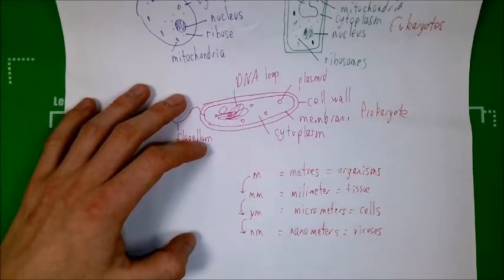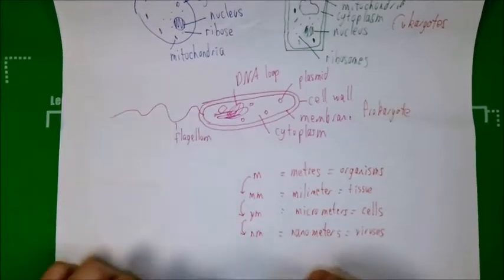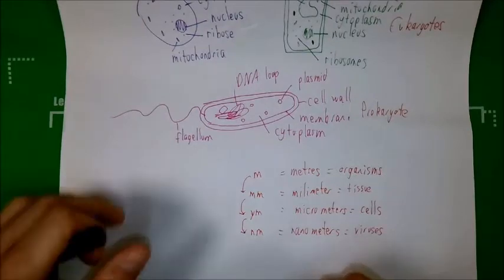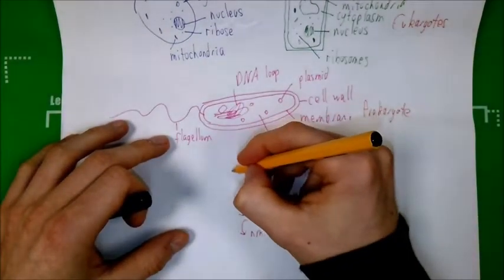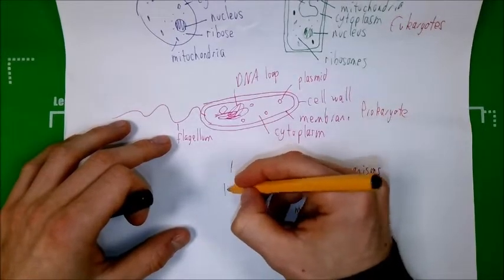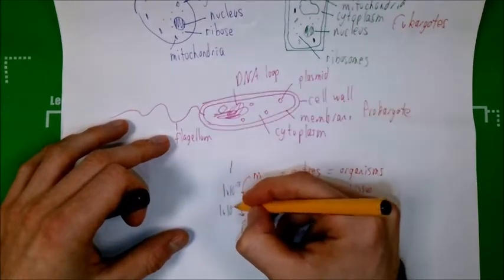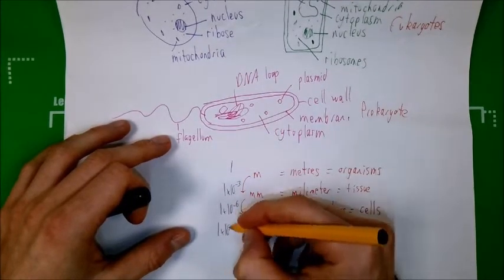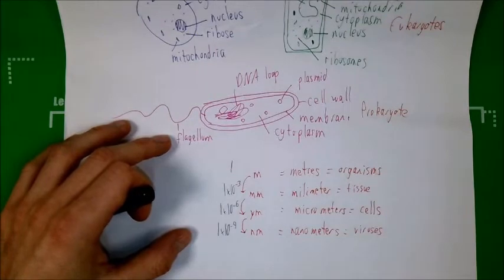And finally, to convert between these units, which you may need to do, for example, when you're doing a microscope calculation, as you go down each step of 1,000, you're going from 1 to 1 times 10 to the minus 3, 1 times 10 to the minus 6, 1 times 10 to the minus 9. So we're getting 1,000 times smaller each time.